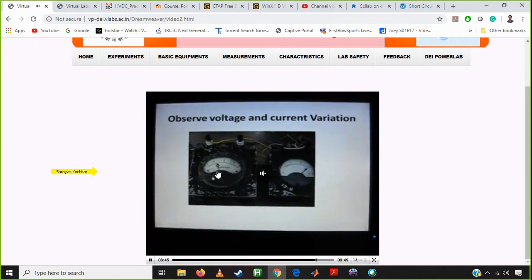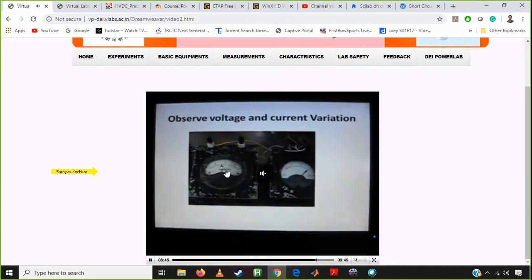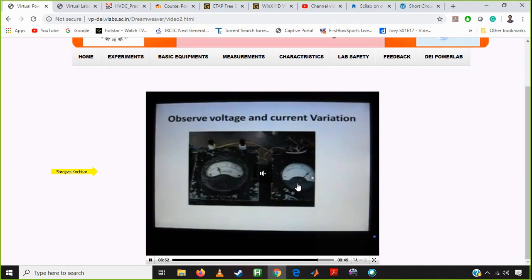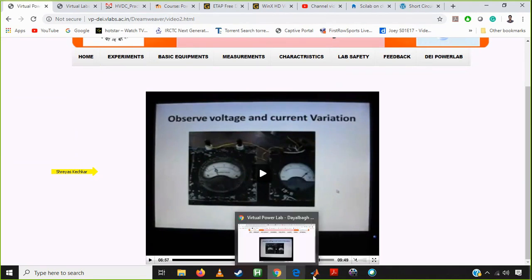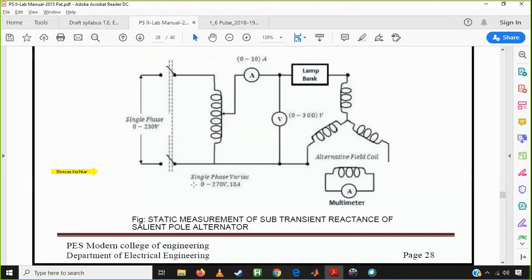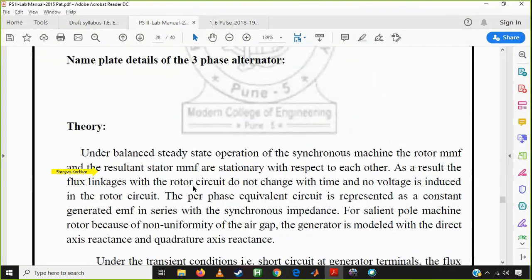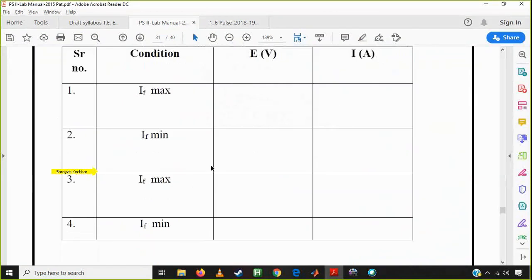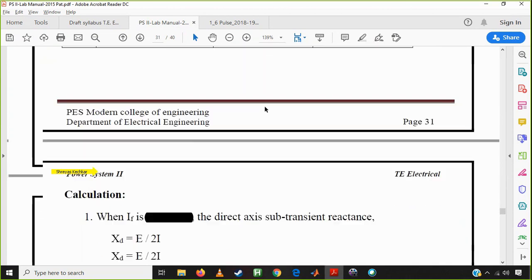You will observe that there is a deflection of current and there is a deflection of voltage. So that you have to observe in this particular case and take down the reading. In case the observation is stable, we find out the readings, voltage and the current. Then we can do the calculations afterwards.